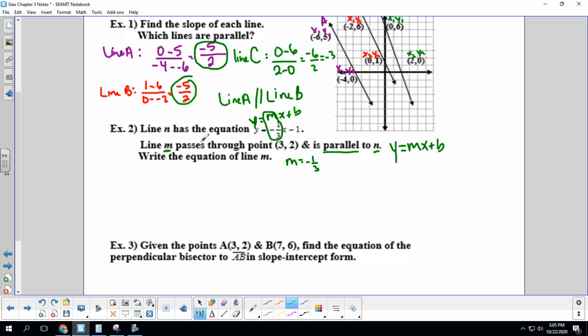So we are going to find the b for our line by plugging in 3 for x, 2 for y, -1/3 for m. So instead of y equals mx plus b, we're going to have 2 equals -1/3 times 3 plus b. So we're solving for b so we can know what our equation is.